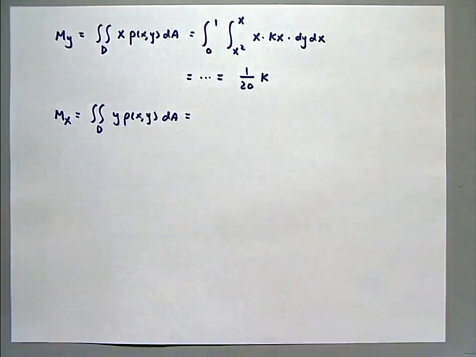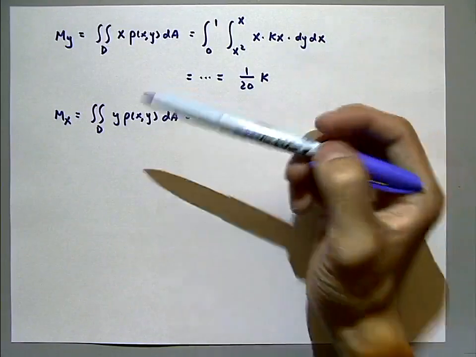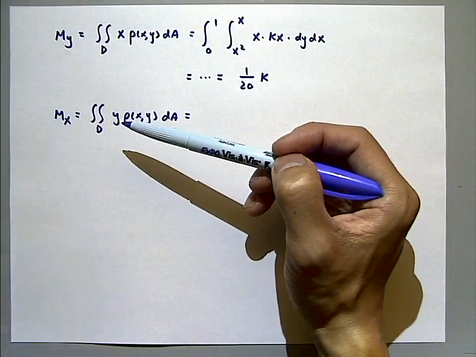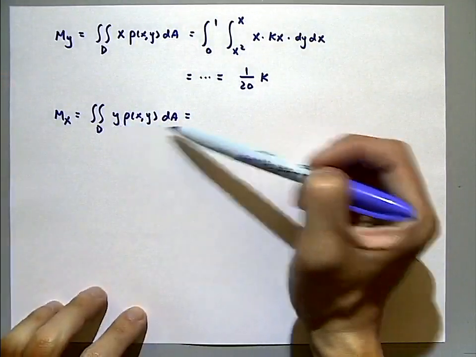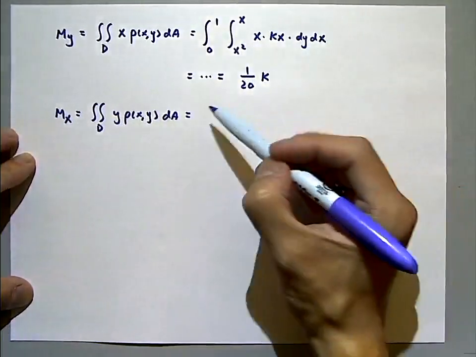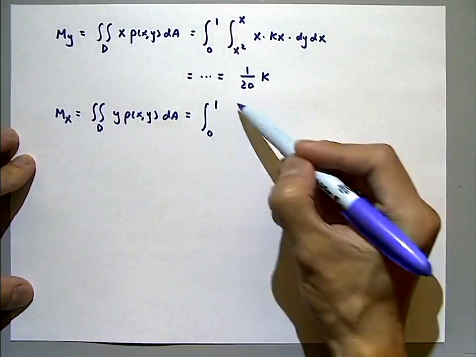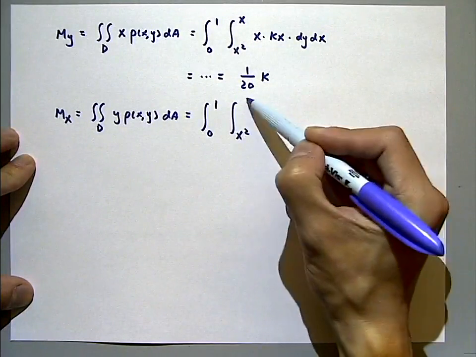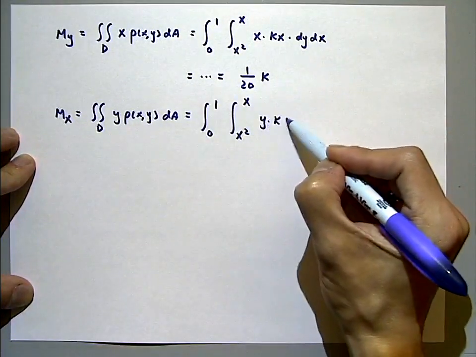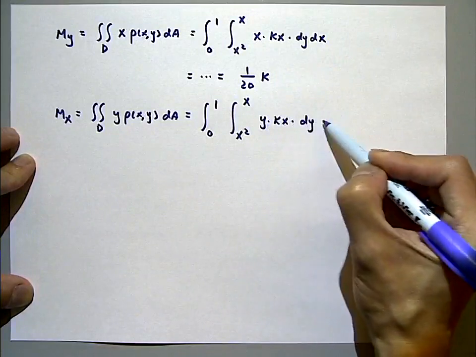And similarly, for the moment about the x-axis, we take the distance from the x-axis. So you're moving up and down. That's the y times the mass. Density times a small patch of area. Again, same integration limits. y times kx times dy dx.